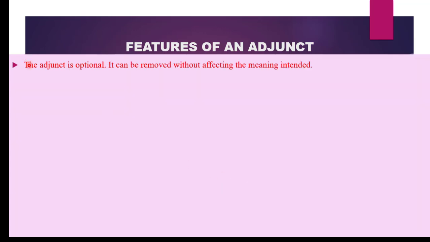The second feature: the adjunct is optional. It can be removed without affecting the meaning intended, which means that you can remove an adjunct and you can still communicate how you want to. Let's have this example. Prince sent his mother a gift kindly in the room yesterday after the party. 4 adjuncts. This is giving us information about the manner in which the action was done.